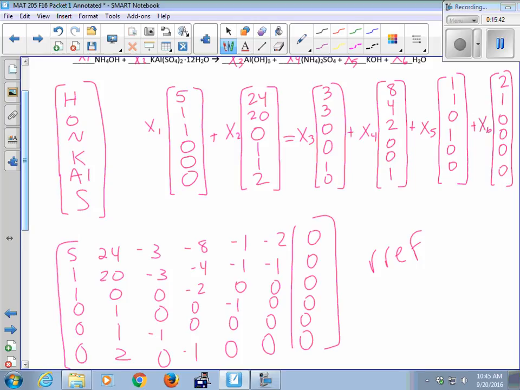This says 5x1 plus 24x2 equals 3x3 plus 8x4 plus 1x5 plus 2x6. So I took everything on the right side of the equation and subtracted it, moved it to the left side of the equation so that it said 5x1 plus 24x2 minus 3x3 minus 8x4 minus x5 minus 2x6 equals 0. And so these all end up negative because I subtracted them to the other side.